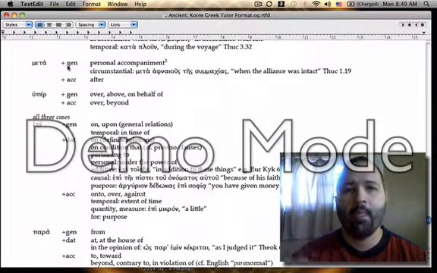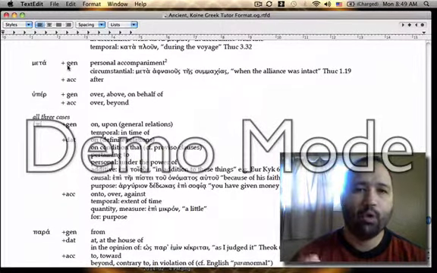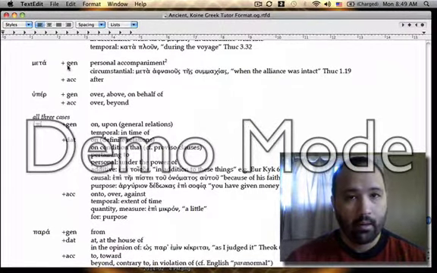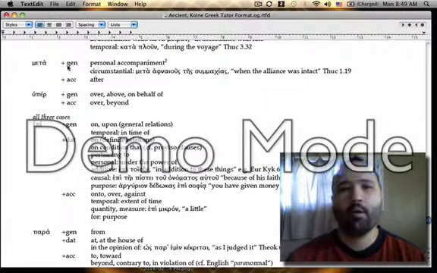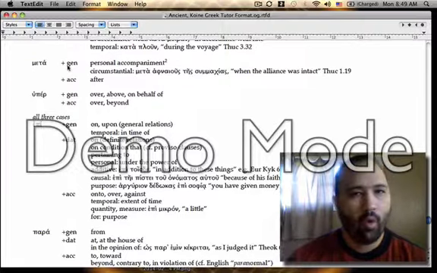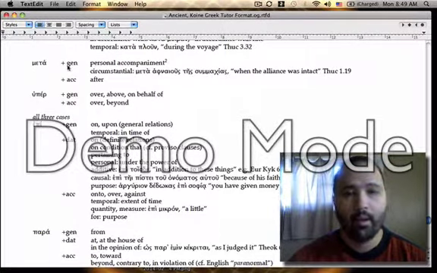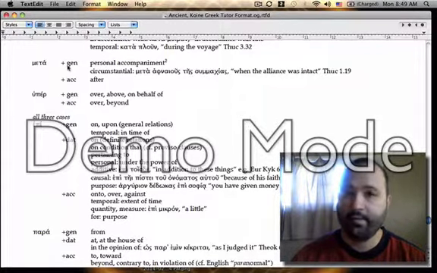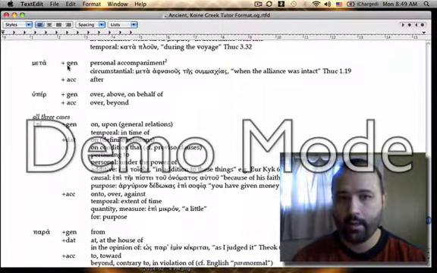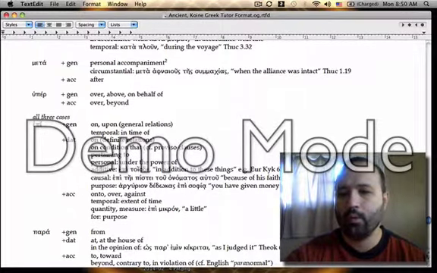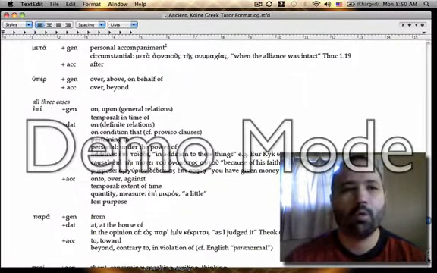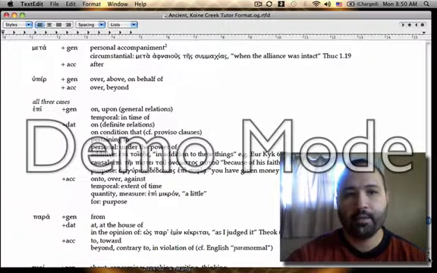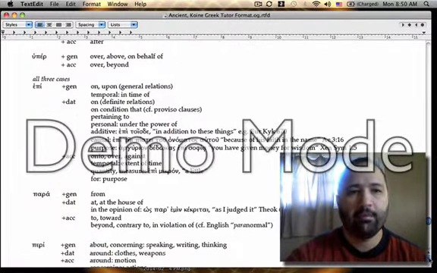If I were to say, for example, meta tu theu, with God, and if I were to also say sin to theo, with God, they're one and the same. There are differences, but they're one and the same in Greek. That's just a simple note. Those are little things that you'll learn as you go along, which are extra details, but they're important.